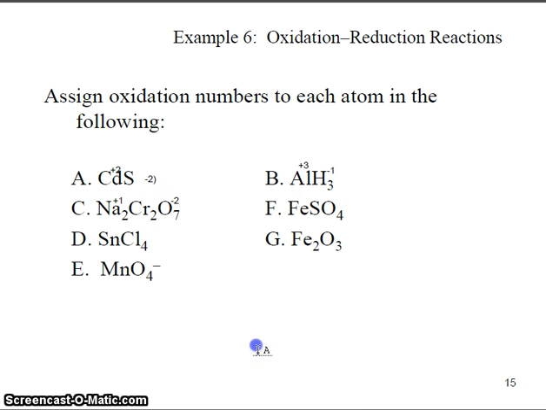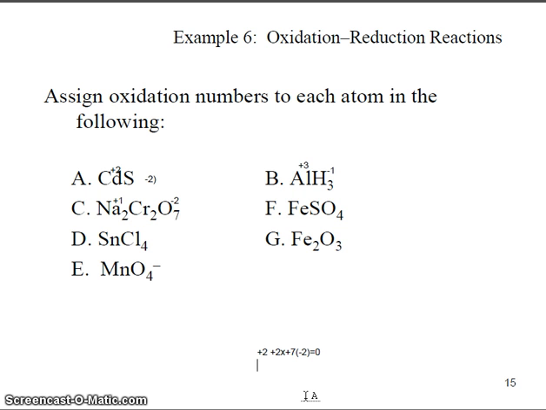So if we were to determine that for chromium, you can simply say that 2 times 1, which is plus 2, plus 2 times x plus 7 times negative 2, and this all has to total up to 0.